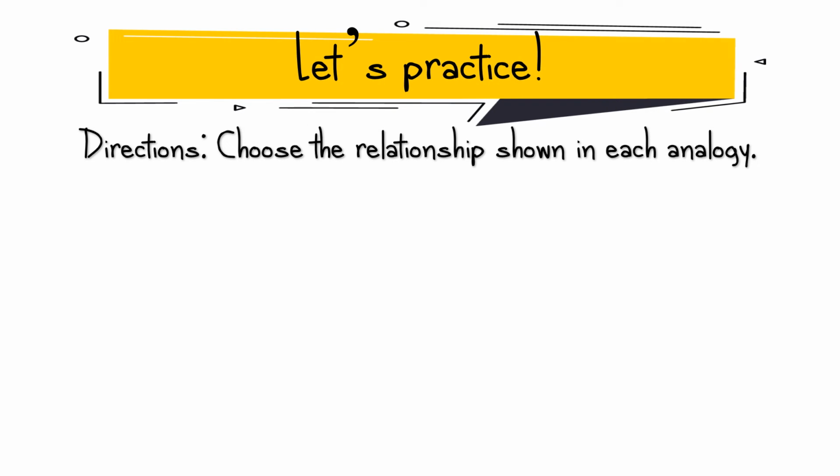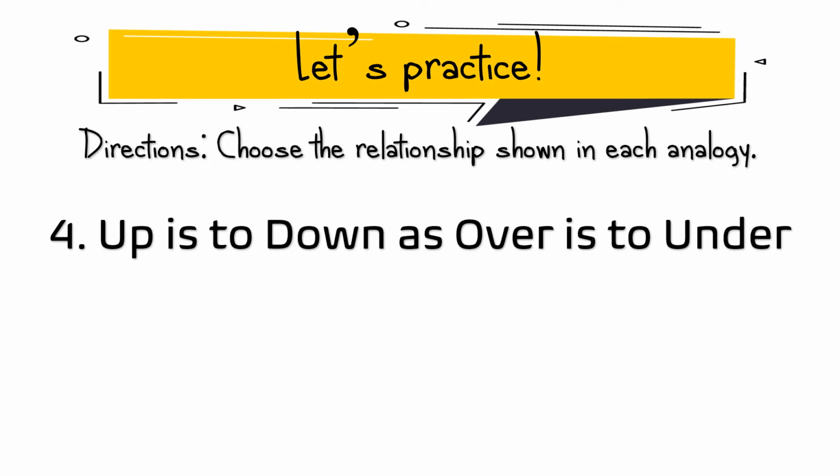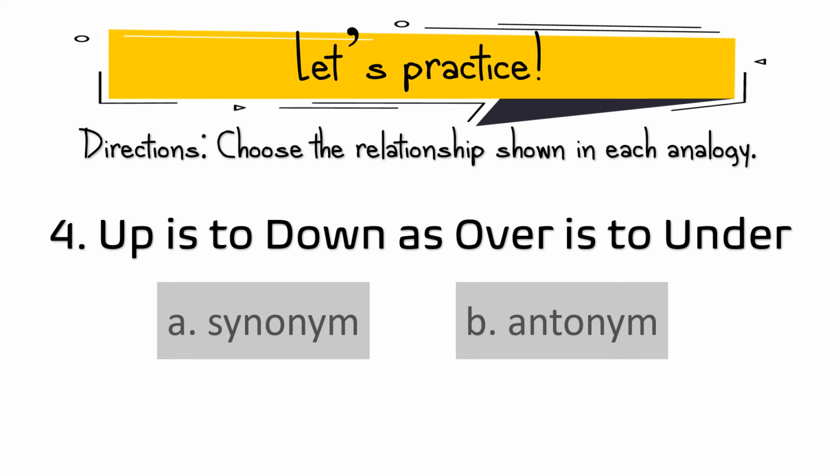For items 4 and 5, you have to choose the relationship shown in each analogy. Number 4, up is to down as over is to under. What could be the relationship shown in this analogy? A, synonym or B, antonym? And for this, the answer is B, antonym.